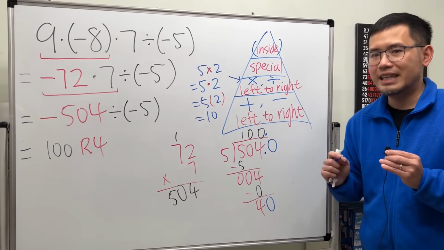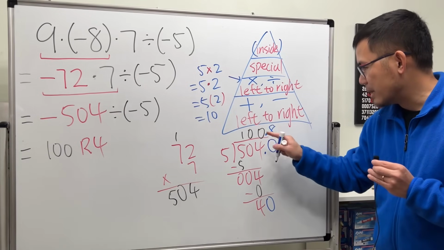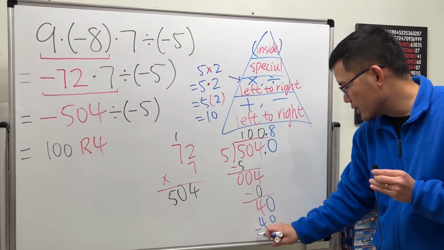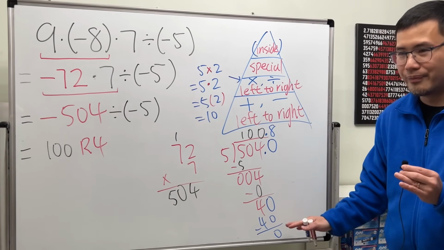The answer is 8. 8 times 5 is 40, and then when we subtract them, hey, we're done, because the remainder right now is 0.